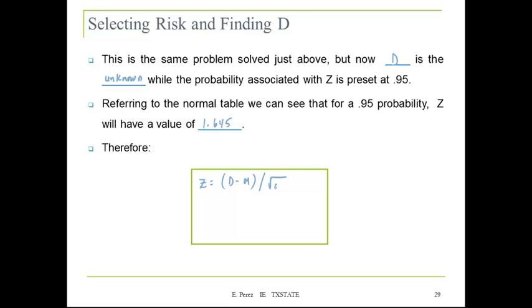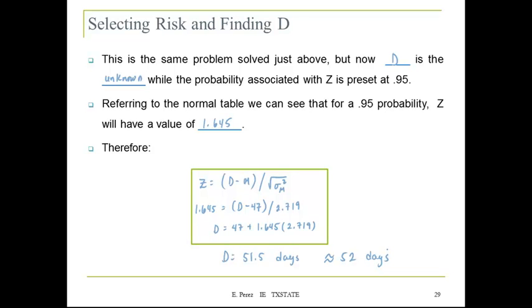So therefore, Z equals D minus mu divided by the square root of sigma squared. This is 1.645 equals D minus 47 divided by 2.719, and D is going to be equal to 47 plus 1.645 times 2.719, and D is going to be equal to 51.5 days, so about 52 days.